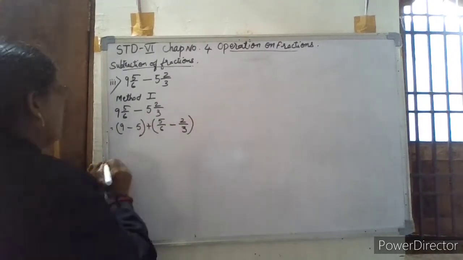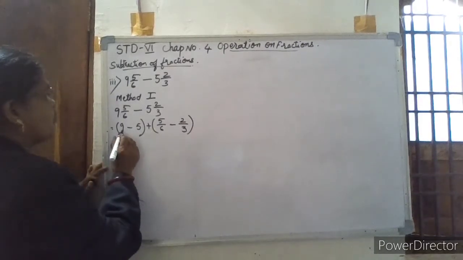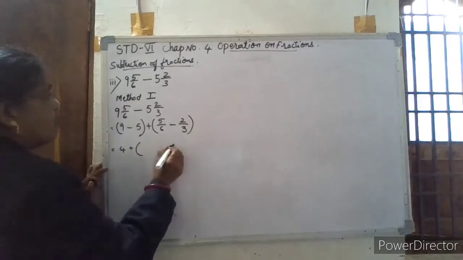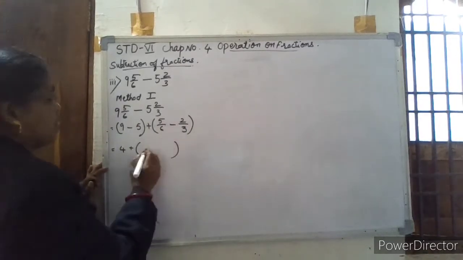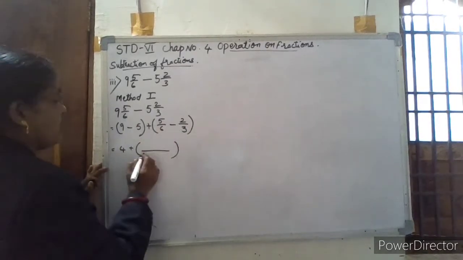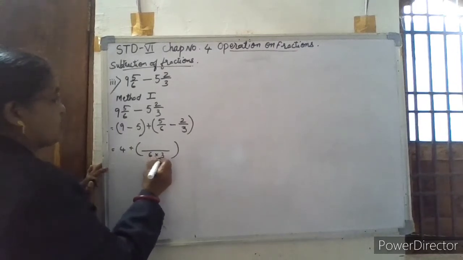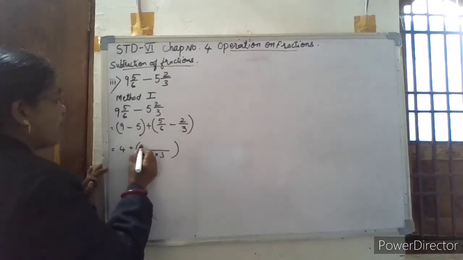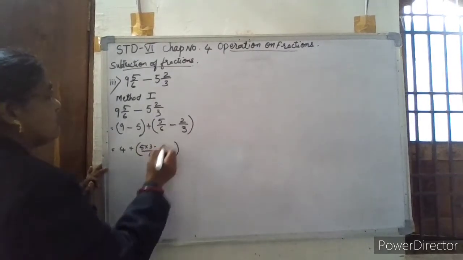Now this is equal to 9 minus 5 is 4 plus fractional part, do cross multiplication. 6 and 3 are the denominators, 6 into 3. Then cross multiply 5 into 3 minus 2 into 6.